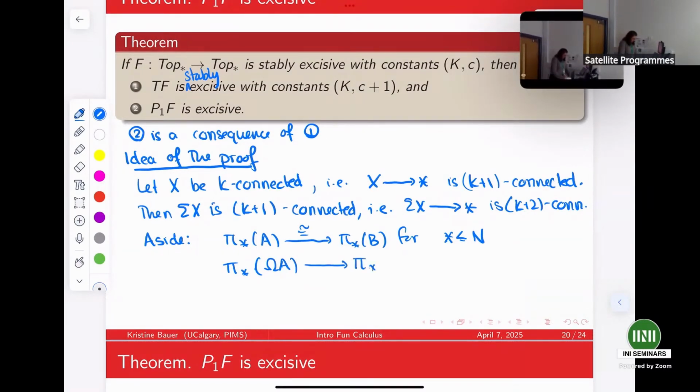And this is mostly just to keep track of what's happening again with that index.